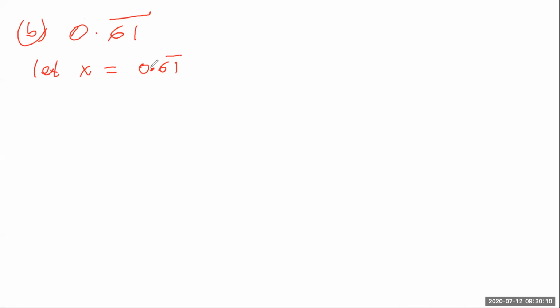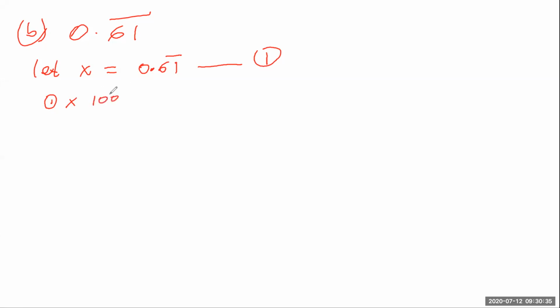Okay. Now, because there are 2 repeating numbers right after the decimal point, we will let this be equation 1 and multiply equation number 1 by what? By 100, because there are 2 repeating numbers after the decimal point.